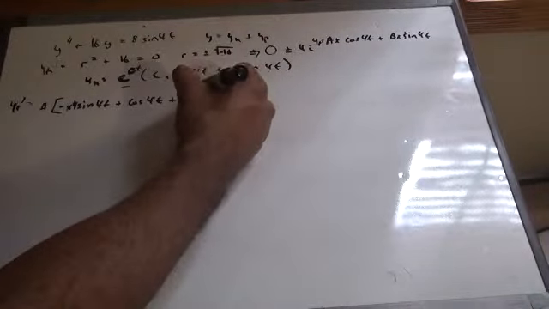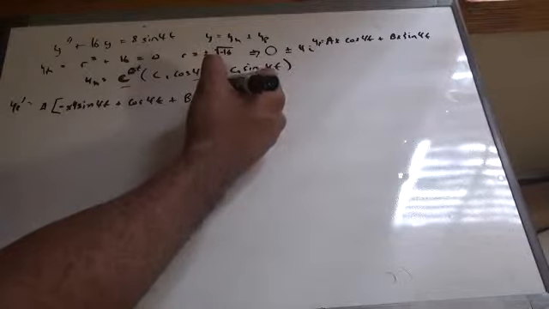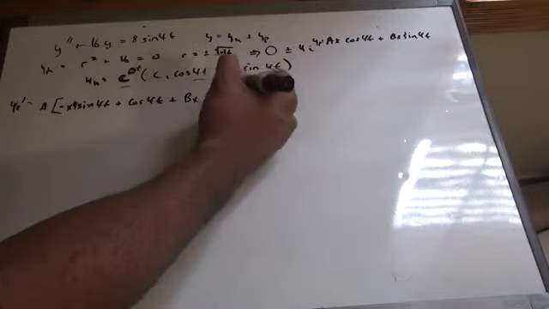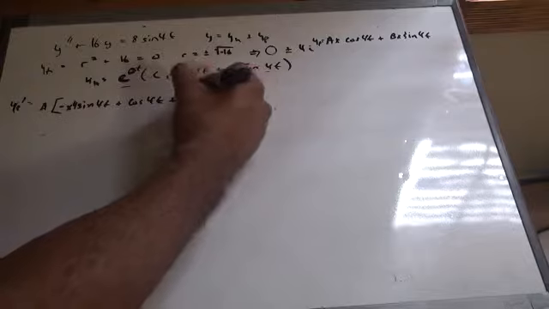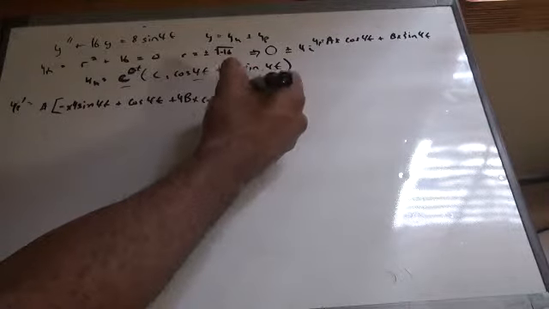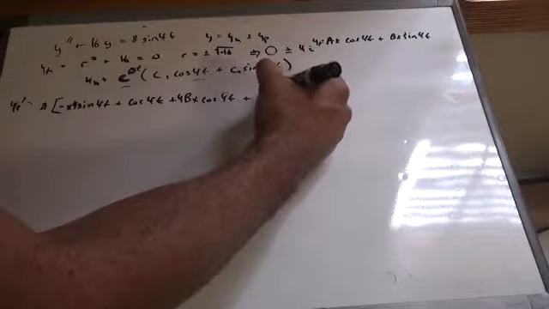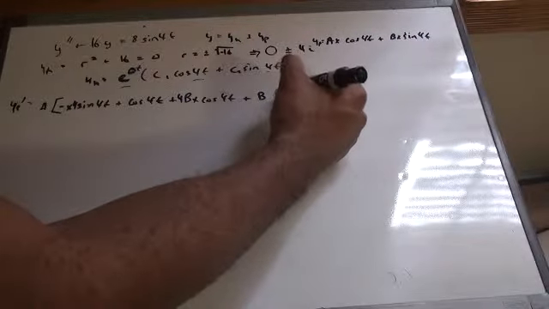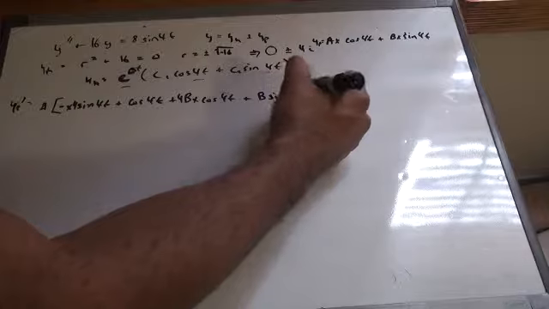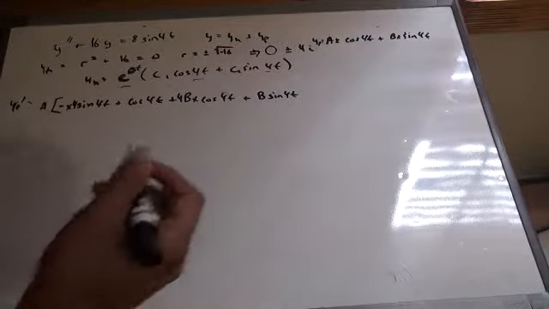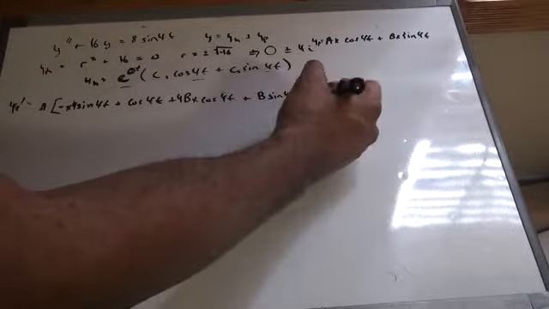Plus, take out this b. The first is x, then take the derivative of sine, which is 4 cosine 4t, plus the derivative of x, which is 1, times b sine 4t, and that's the first derivative.